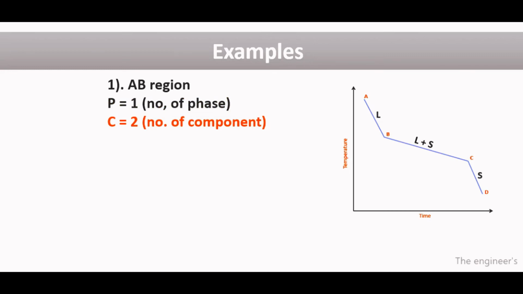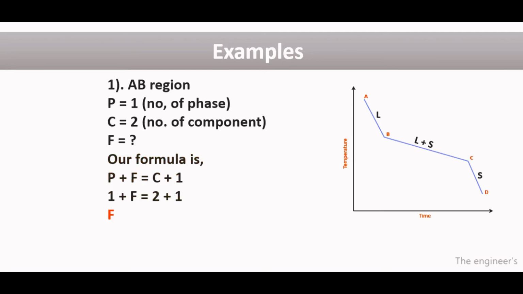So that's why at AB region we have two components. As we know, our formula for finding degree of freedom is P plus F is equal to C plus 1. Just put the value of P and C and simplify the equation. We get the value of F, that is F is equal to 2. So our degree of freedom for AB region is 2.